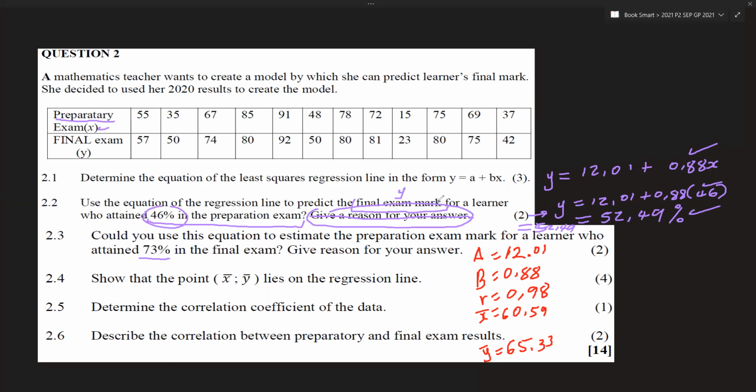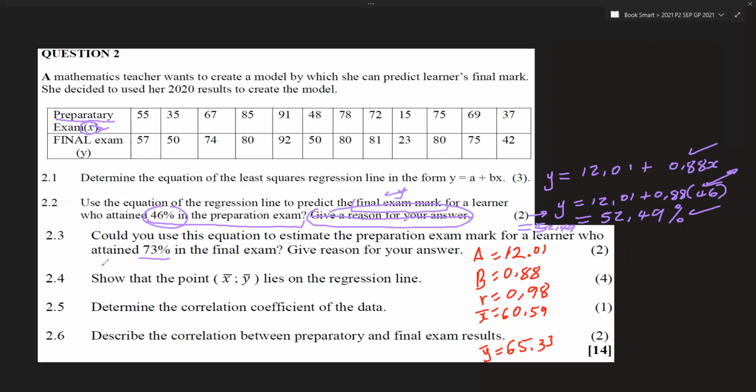Maybe here the reason is because this is independent, so we can use it to predict. So you'll say preparation exam is independent since it's on the x-axis, so we can use it to predict the final exam.